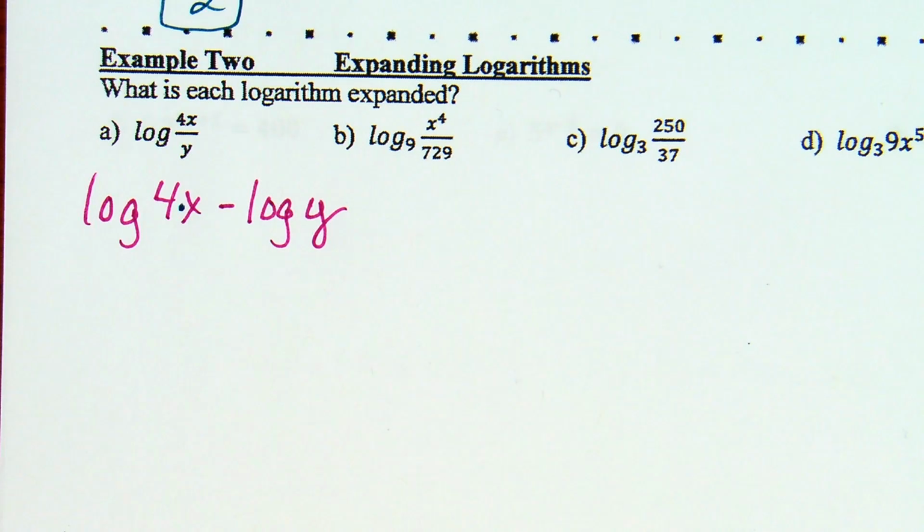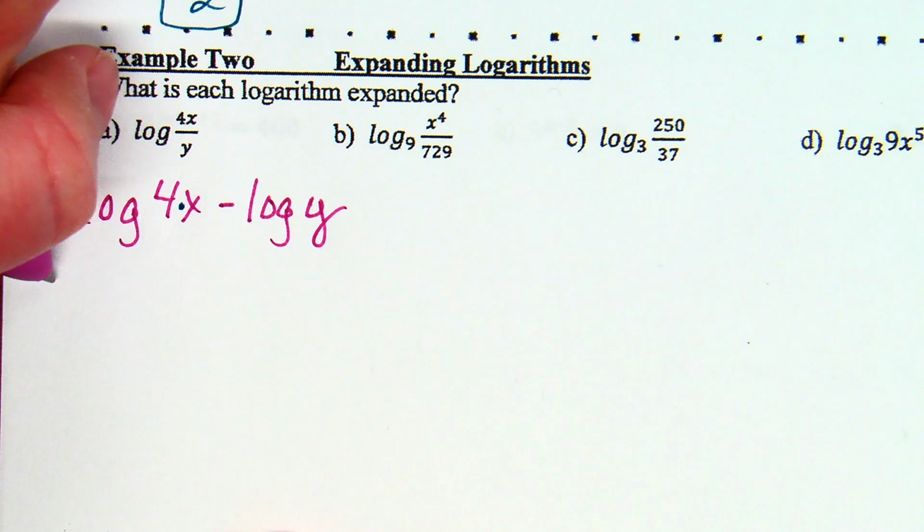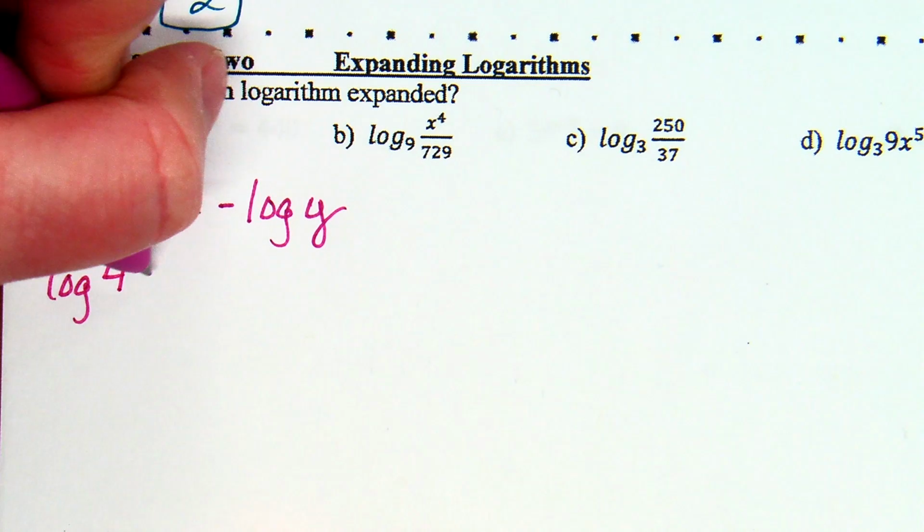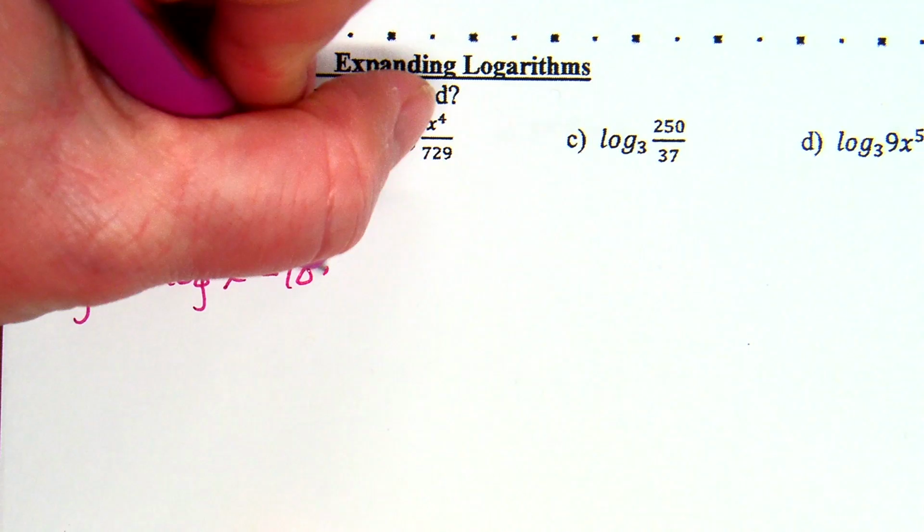So that is 1 log where the insides are multiplied, which means I can rewrite this as 2 logs being added. So log of 4 plus log of x, and still minus log of y.